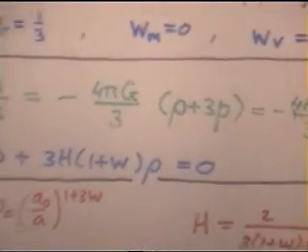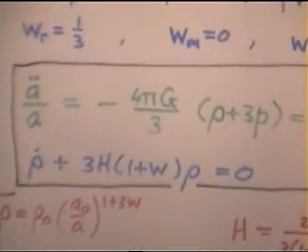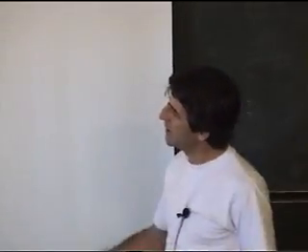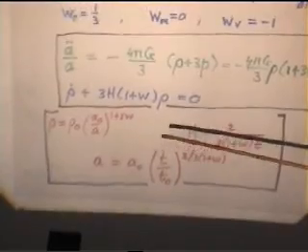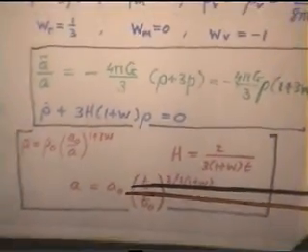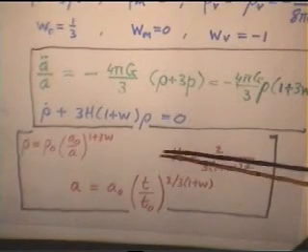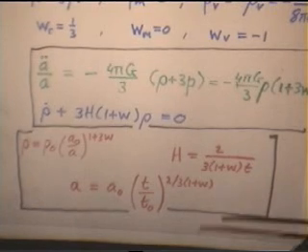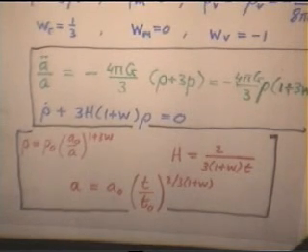Now, if you assume that w is a constant, and that at some time period in the history of the universe is dominated by one fluid with a particular w, you can use these equations in the case where k is 0, taking out the curvature there, to show that the energy density, the Hubble rate, and the scale factor are given by these simple expressions.